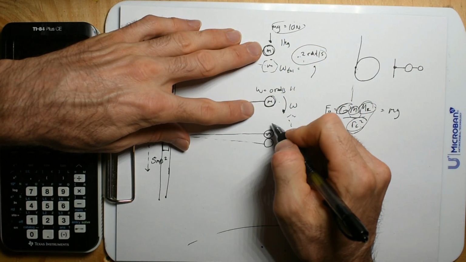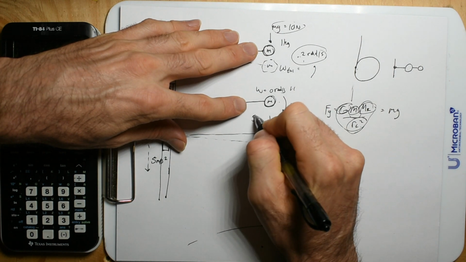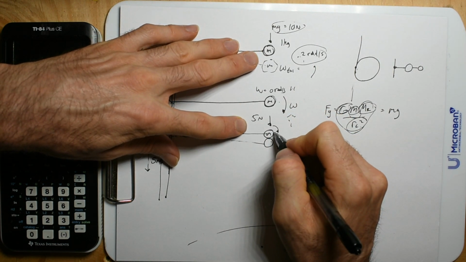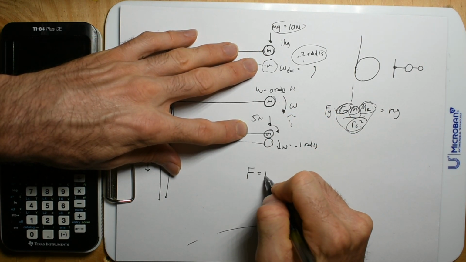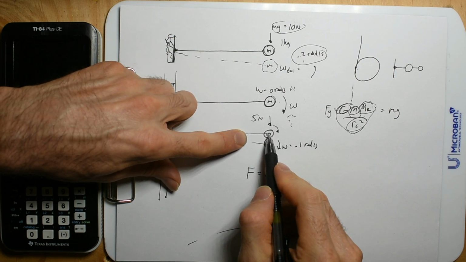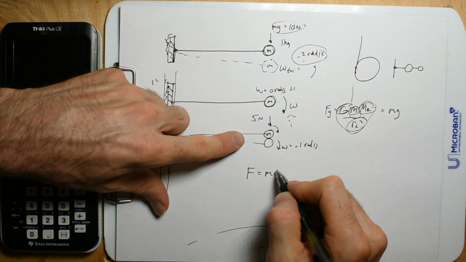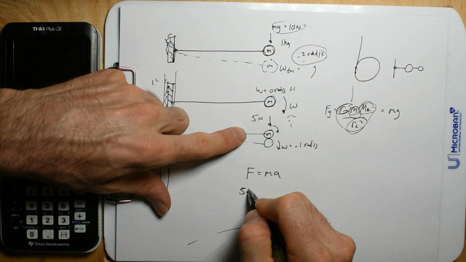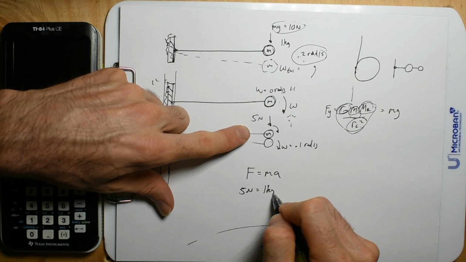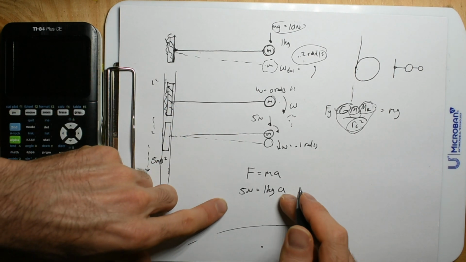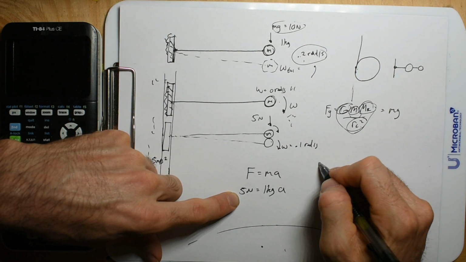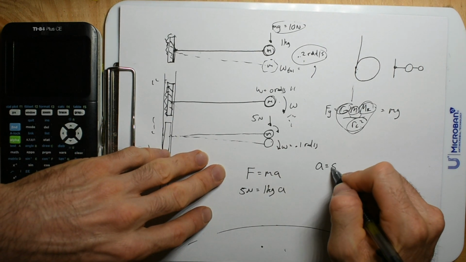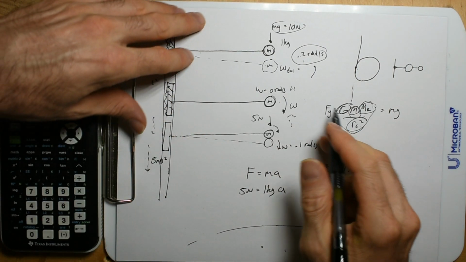So let's set up that scenario where we have 5 newtons. So we're going to do F equals ma. Now this mass is still the same. That did not change. It's still 1 kilogram, but we have 5 newtons over here. We have 1 kilogram, and then we want to know what the acceleration is. So we can definitely see the acceleration of this is going to be 5 meters per second squared, and it's not going to be 10.